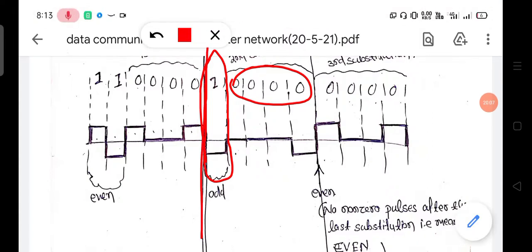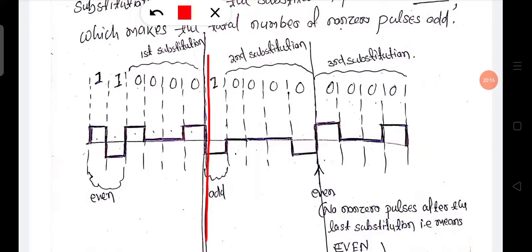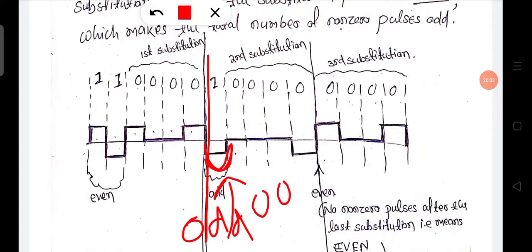The last substitution ended here. After that, one non-zero pulse is there, so the number of non-zero pulses is odd. So here we use 0 0 0 V, where V is the same polarity as the previous non-zero pulse.